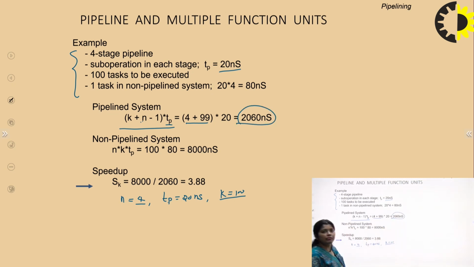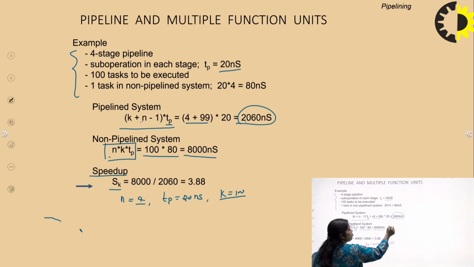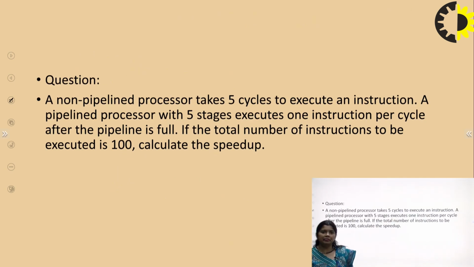This much amount of time will be required for the pipeline system. And for the non-pipeline system, N into K into TP, the same procedure will be followed, that is 100 into 80, or 8000 nanoseconds. Then the speed up ratio S of K is 8000 divided by 2060. That will be the speed up ratio, or you can say the efficiency of the cycle.